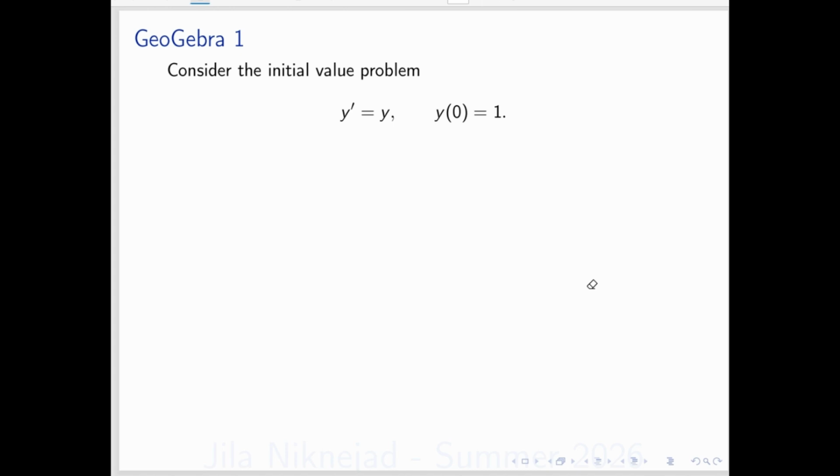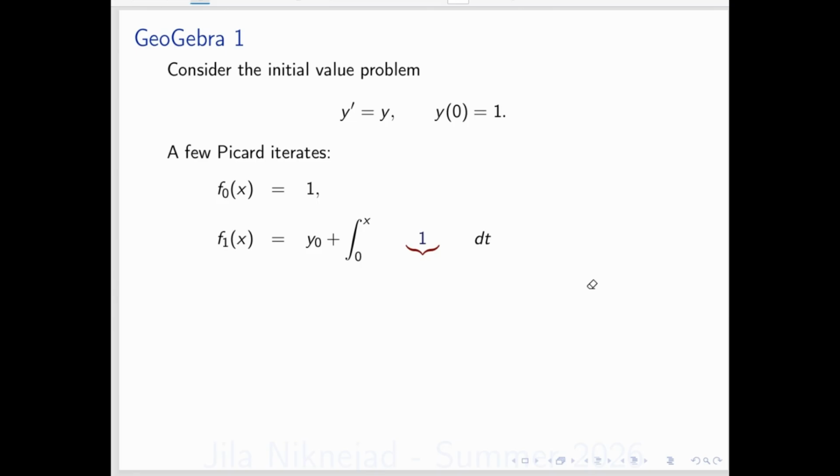First one, consider the initial value problem y prime equal to y, y of 0 equal to 1. Let's pick the zeroth iterate to be f naught of x equal to 1.